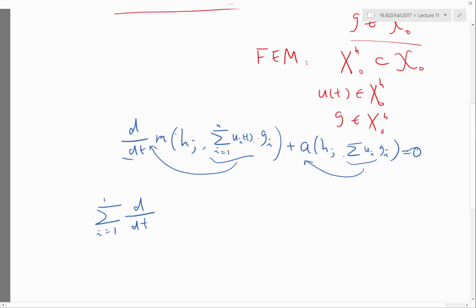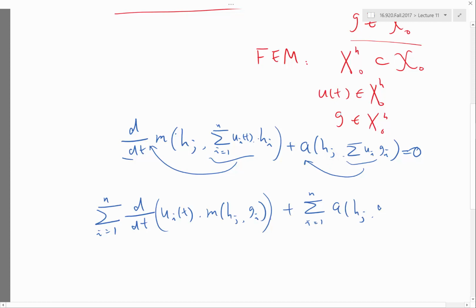So you get the summation over i from 1 to n of d/dt of u_i(t) times M of h_j and h_i, plus the summation of A of h_j and h_i times u_i.